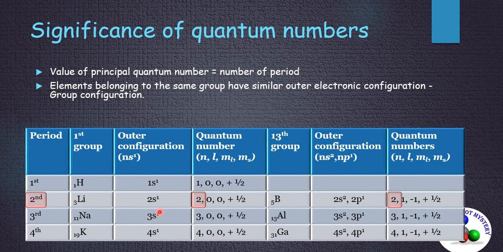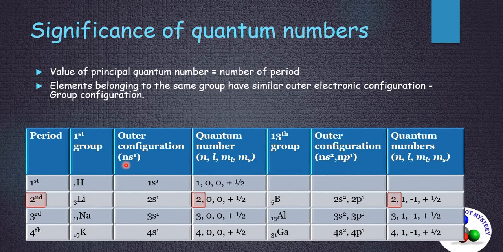Here the outer electronic configuration is 1s1 for hydrogen, 2s1 for lithium, 3s1 for sodium. So you can write the general group configuration as ns1, where n is the principal quantum number.